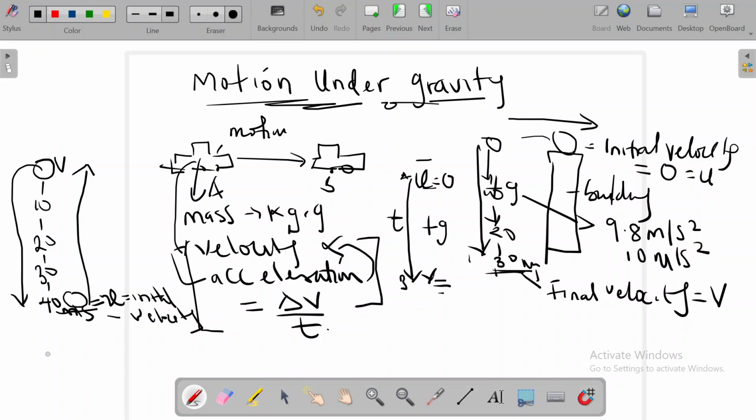So if you throw an object up, you are throwing that object with a velocity, but you might not know the velocity at which you are throwing it. As it moves upward, it decreases in speed till it gets to a final velocity, which we call v. And at that final velocity, it is given as 0.